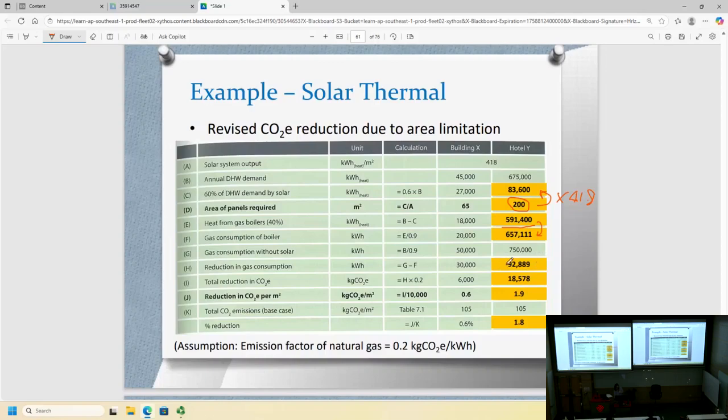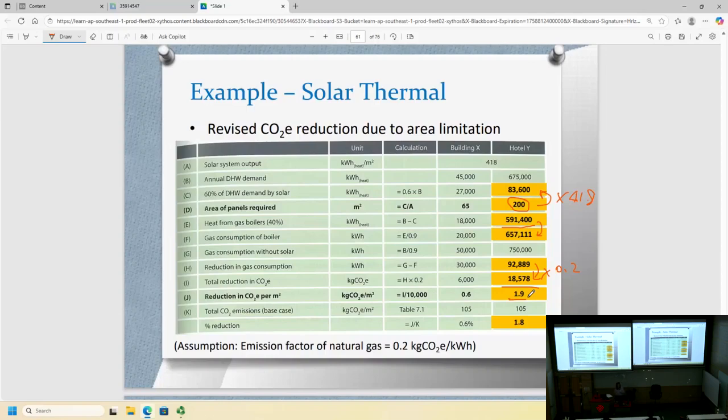Reduction in the gas consumption, and then multiply by the emission factor of 0.2. So we have the reduction in carbon dioxide, and divided by the floor area, internal floor area. Then we have the per unit area carbon dioxide reduction, which is just 1.9.